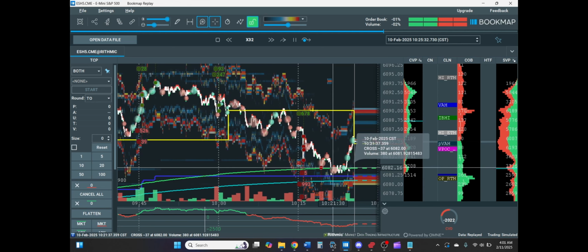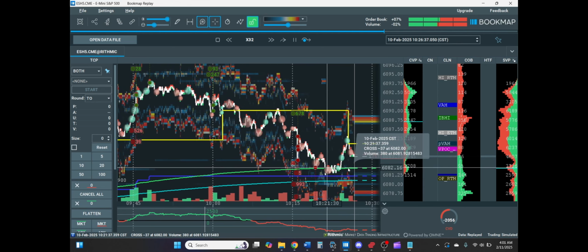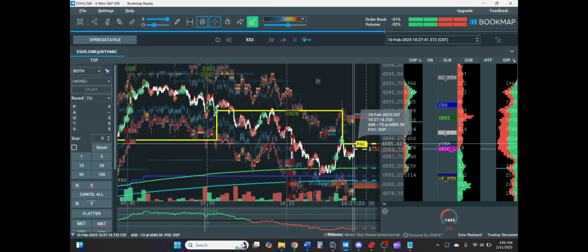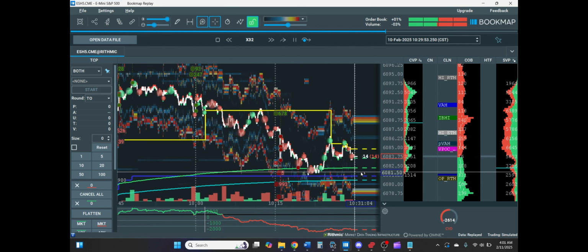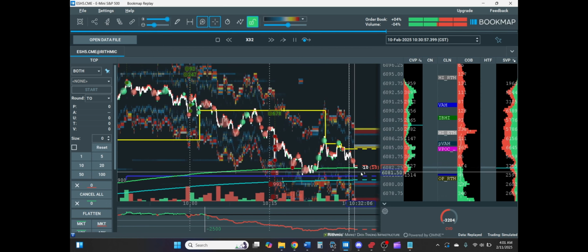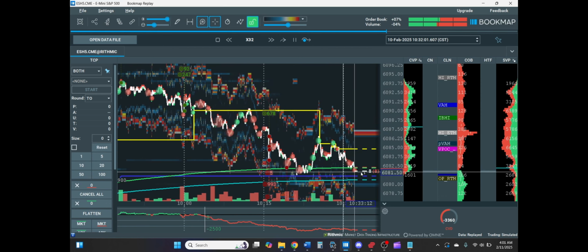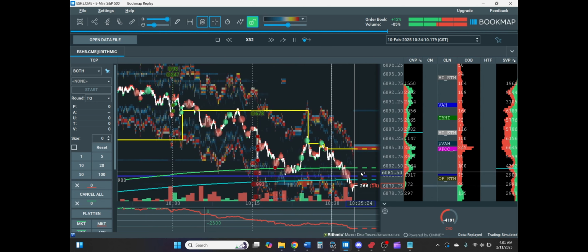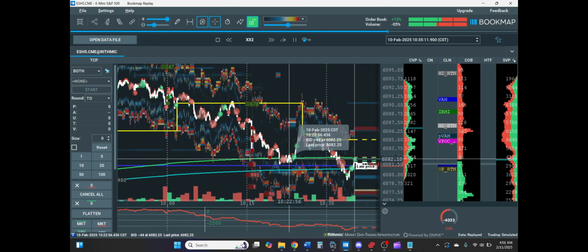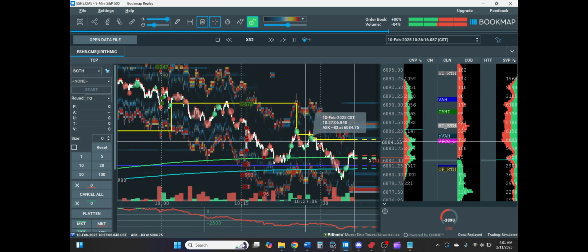Yeah, worked out. But immediate VPOC migration, so I kind of did slam it down. So I might be taken out of that trade depending on your stop. Yeah, that would have taken me out. Could have gotten scaled though. Yeah, that would have been a scale for sure.